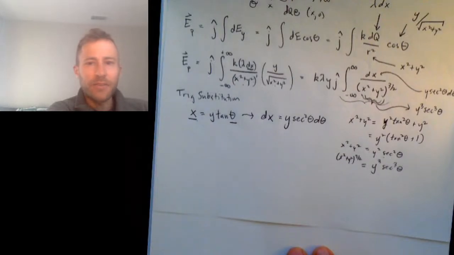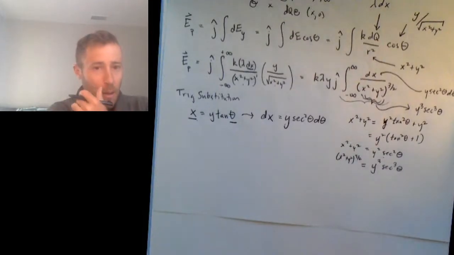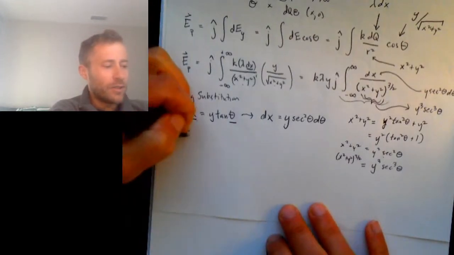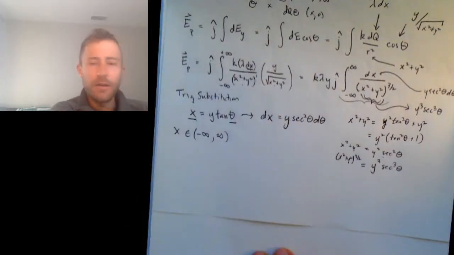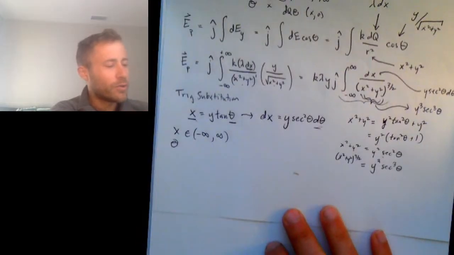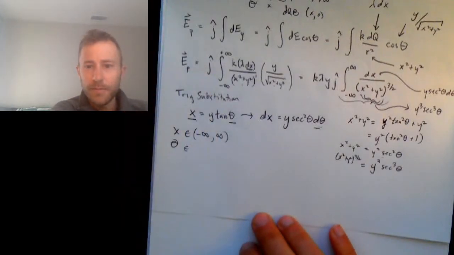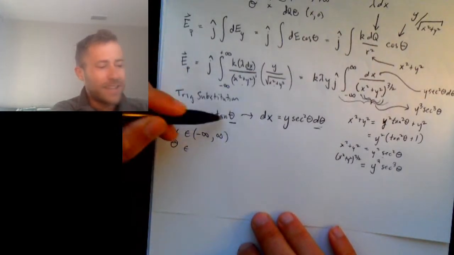And then lastly, when you do a change of variables like U substitution or trig substitution, your limits of integration will change. So we know that x is in the range of -infinity to infinity. So what is theta? Because our new variable is going to be theta. What is theta in the range of? Well, to understand that, we have to think about tangent.